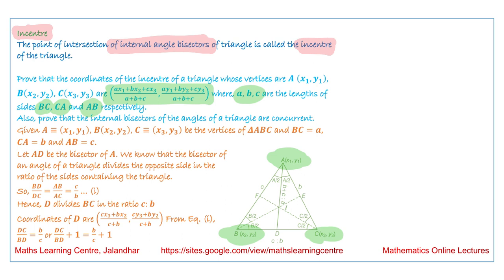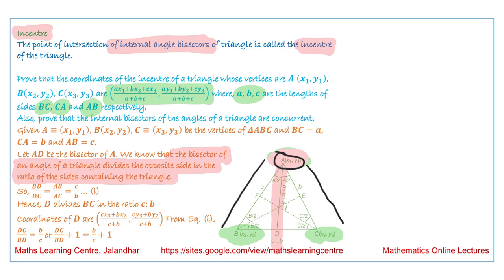Now we know that if we look at vertex A and AD is the angle bisector, then the bisector of the angle of a triangle divides the opposite side in the ratio of the sides containing the angle. So for vertex A, we are talking about these two sides, AB and AC.